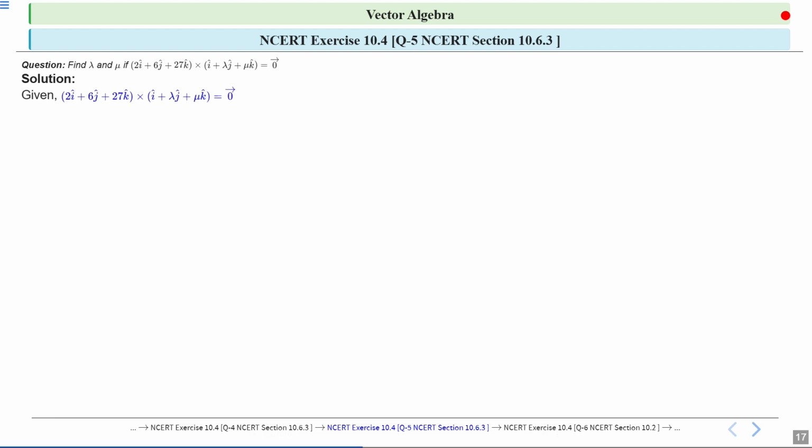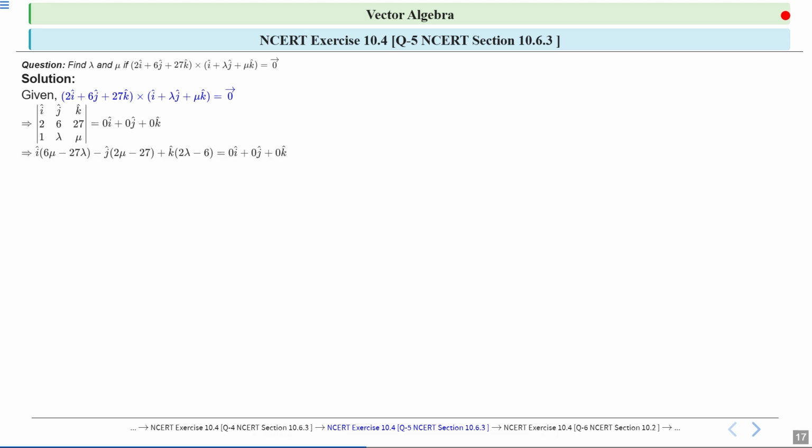Now the given equation is written as 2 I cap plus 6 j cap plus 27 k cap cross I cap plus lambda j cap plus mu k cap is equal to 0 vector, right? So now let us take the cross product, which can be taken in determinant form: I cap, j cap, k cap; 2, 6, 27; and 1, lambda, mu, which will be equal to 0 I cap plus 0 j cap plus 0 k cap, right?